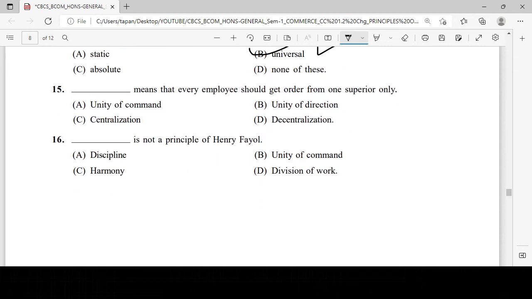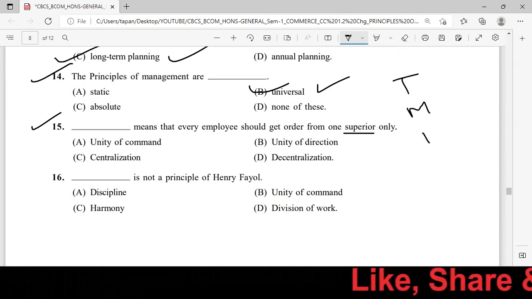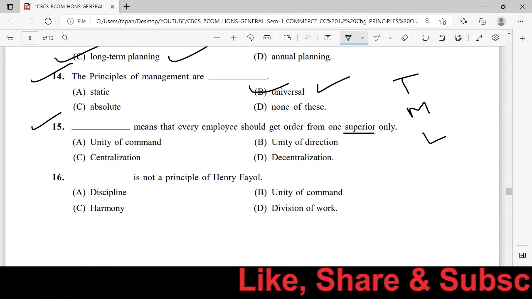Now question number 15. Dash means that every employee should get orders from the superior only. I have to discuss levels of management. There are 3 levels of management: top level, middle level, and lower or bottom level of management.